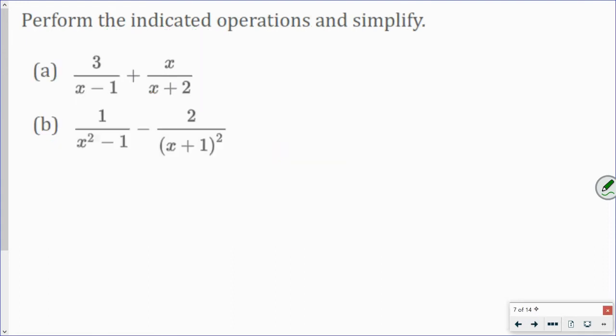All right, adding and subtracting gets tricky. In order to add or subtract, we have to have a common denominator. The easiest way to find the common denominator, well, number one, you need to factor.